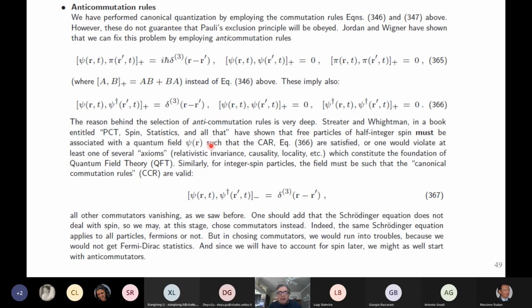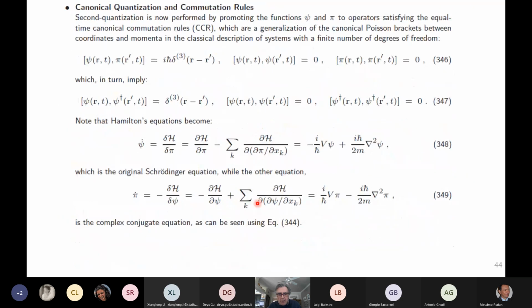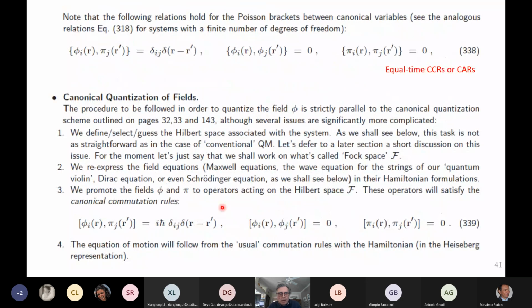Anyway, we might as well start by saying that if I have anti-commutation rules, so I replace these canonical commutation rules, where are they? Somewhere here. Instead of commutators, I use anti-commutators.